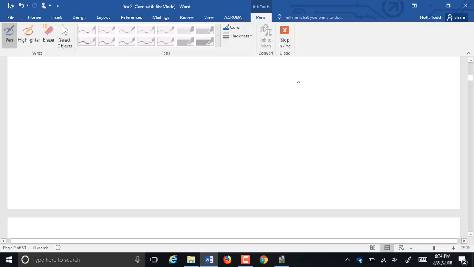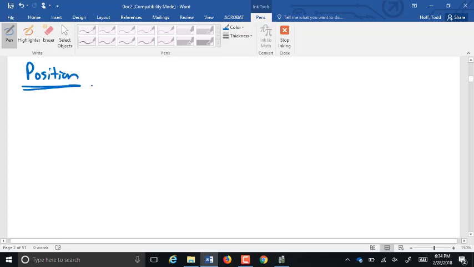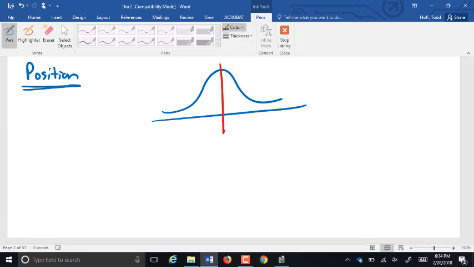The next thing we want to talk about is measures of position. We talked about the curve: the center is where the center of the curve is, and the spread is how wide the curve is.